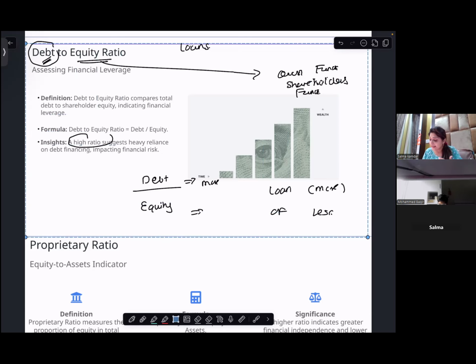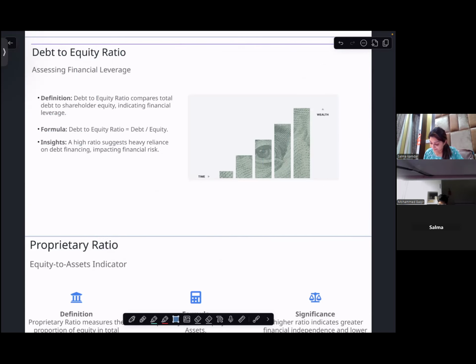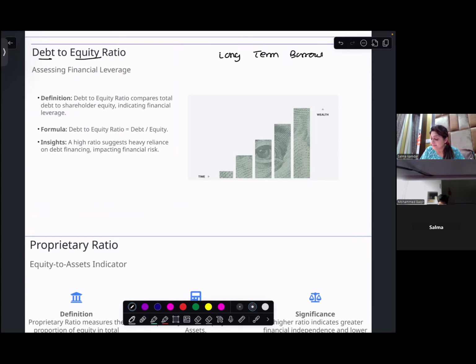When I'm talking about debt, what does debt mean? Debt means your long-term borrowings. What does your equity mean? Equity means your shareholders' funds, that means capital plus reserves.